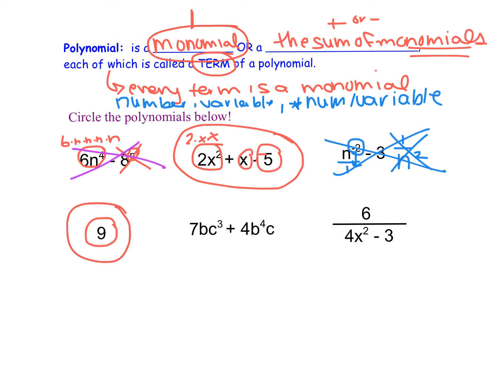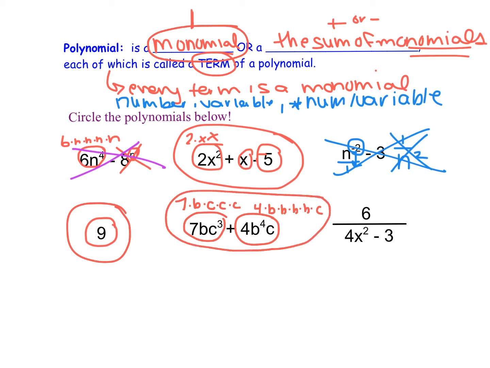Then if I look at this next example, this is 7 times b times c times c times c. Well, that is in fact a monomial. And then I have 4 times b times b times b times c. That is a monomial. And since I have two monomials being added together, that is in fact a polynomial.